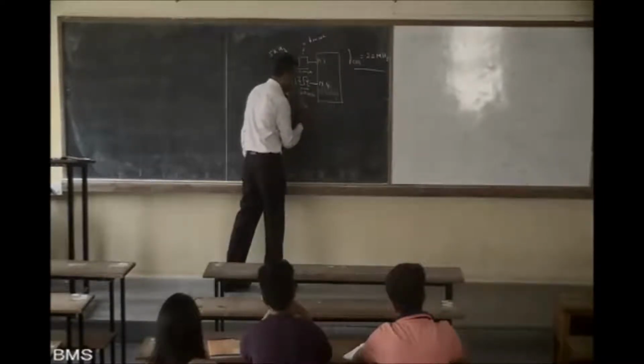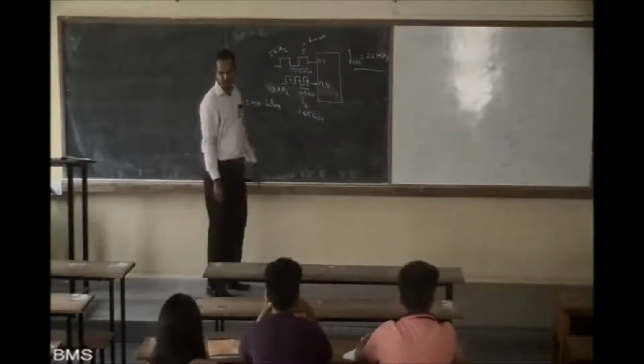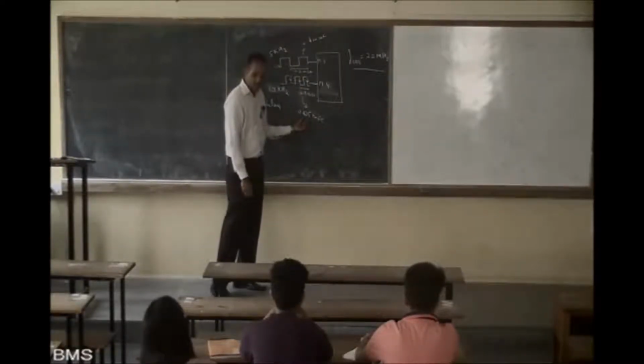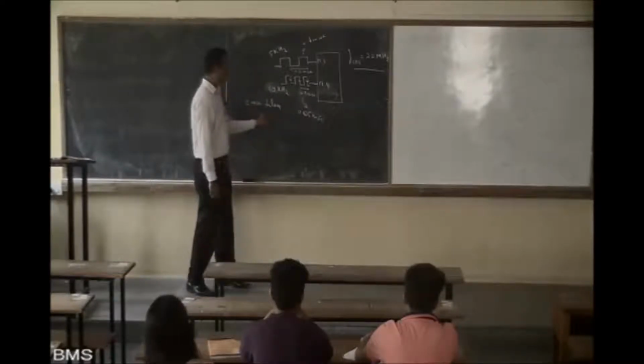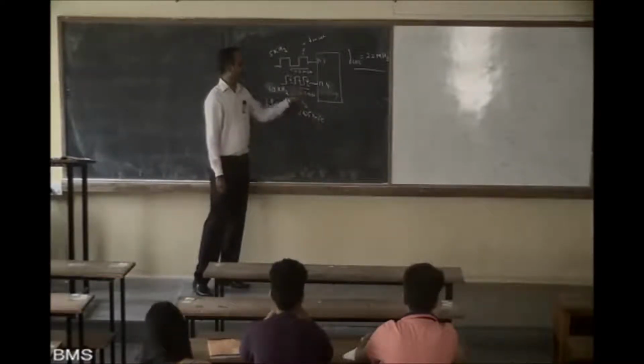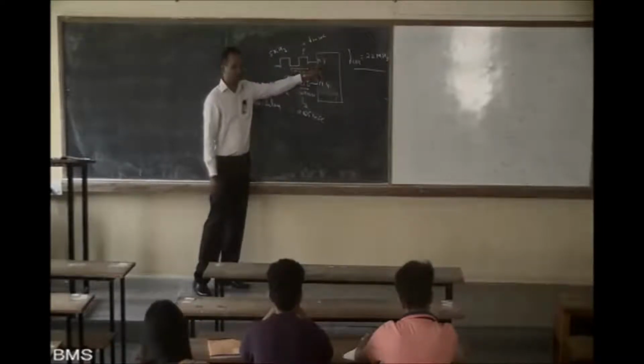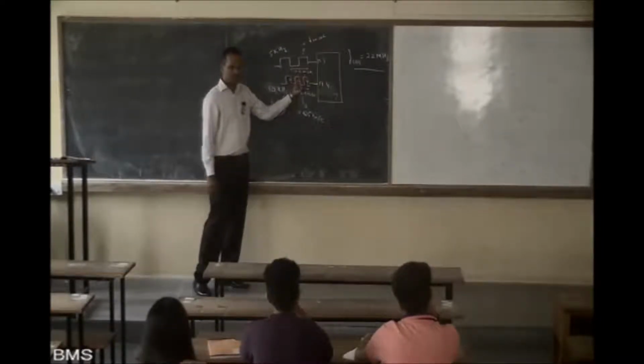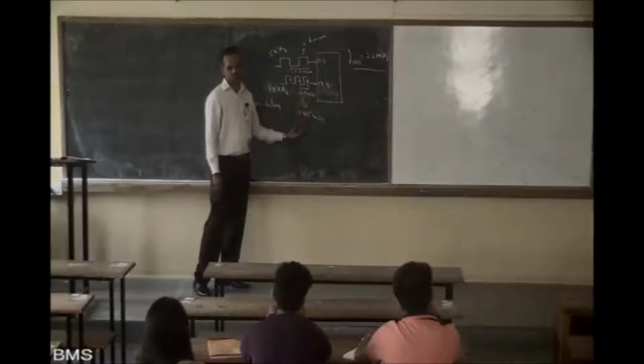Okay. So my delay unit X is 0.05 milliseconds now. If I am generating this wave at this rate, I will call it twice. If I am generating this, I will call it once.